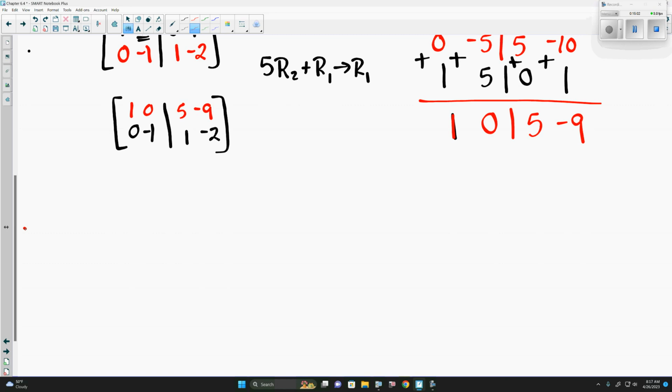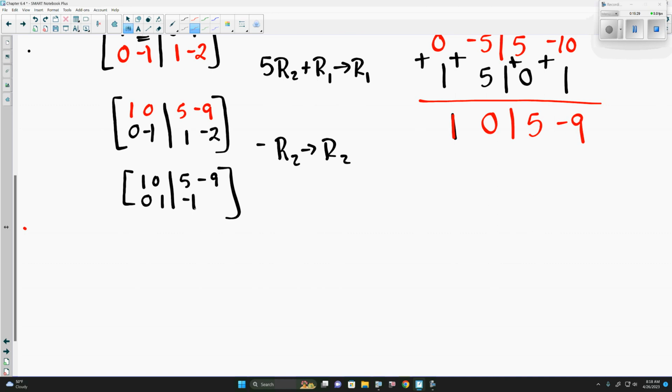Now, looking at this here, we can see that we're almost there. We almost have the left-hand side as 1, 0, 0, 1. We just need to change the negative 1 to a positive 1. So we're just going to multiply everything in row 2 by negative 1. Which is going to give us 0, 1.